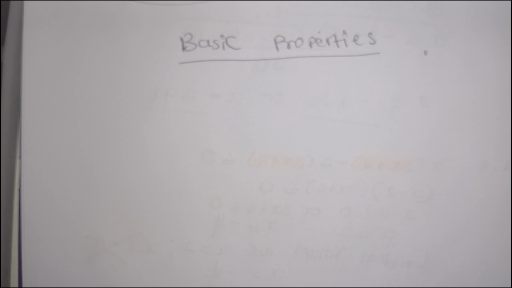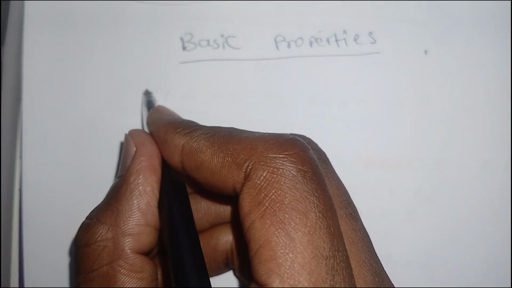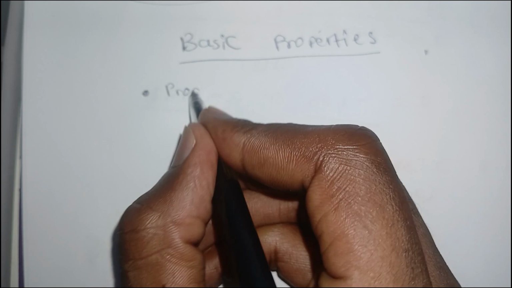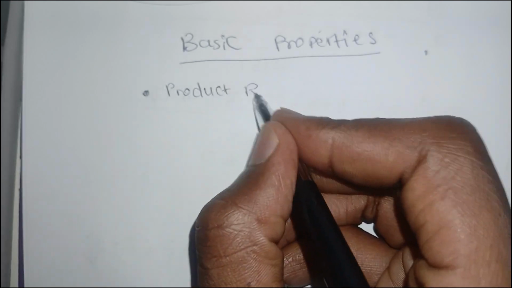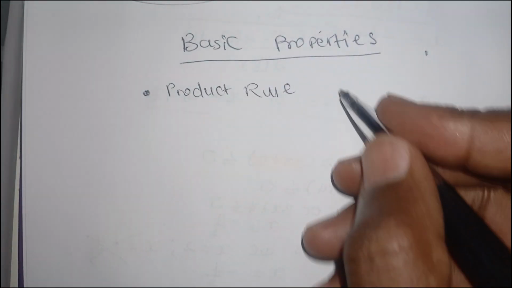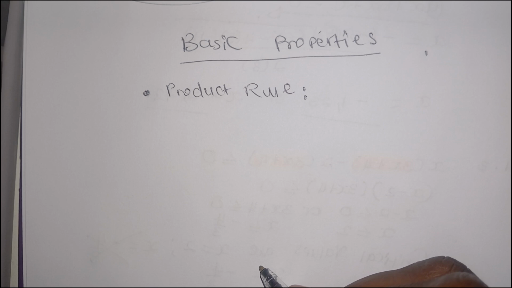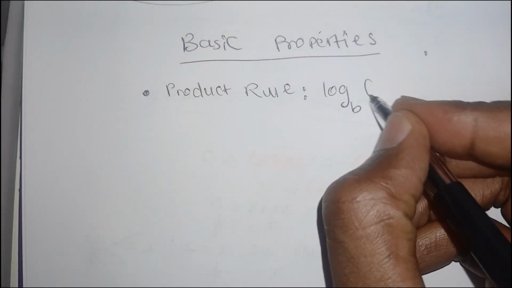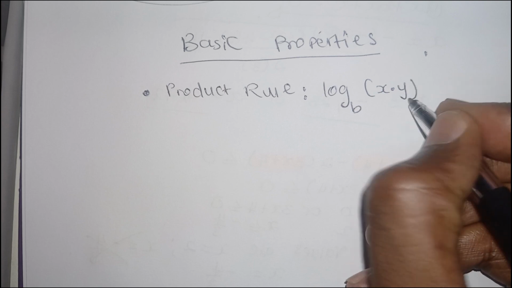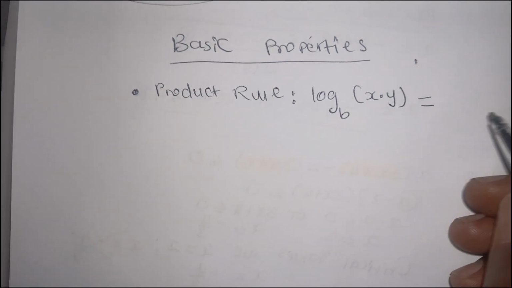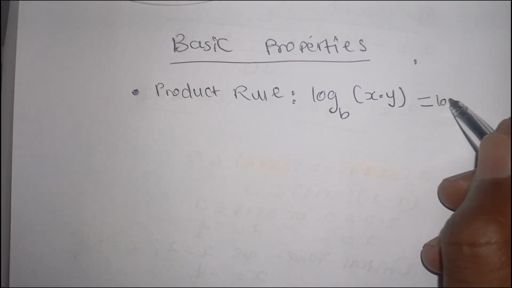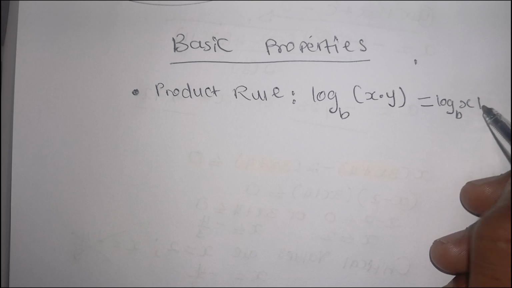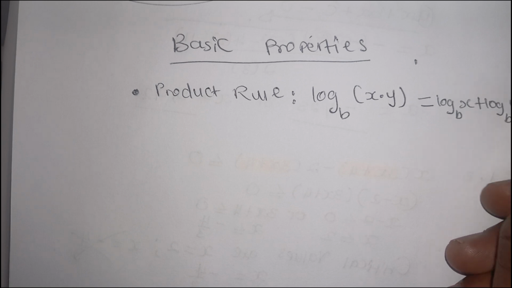Basic properties. Now, product rule, right? So your product rule is log b of x and y, this is equal to log b x plus log b y.